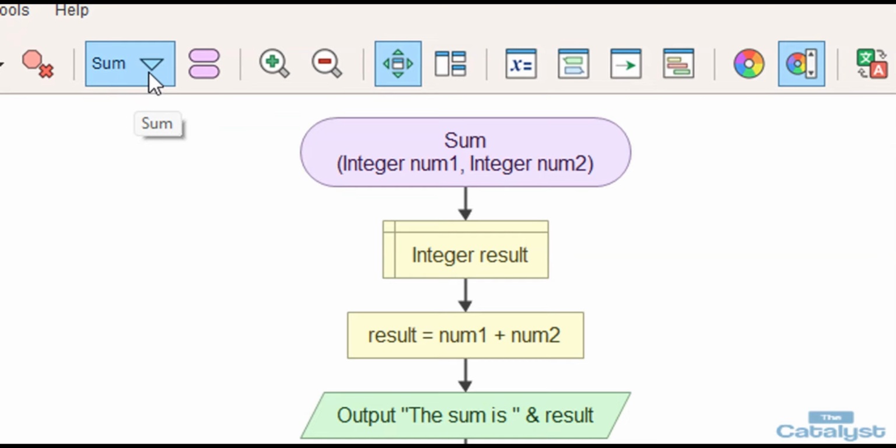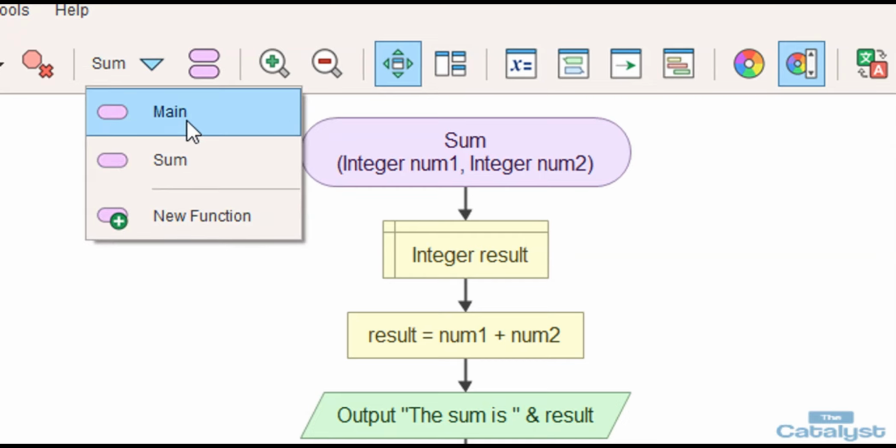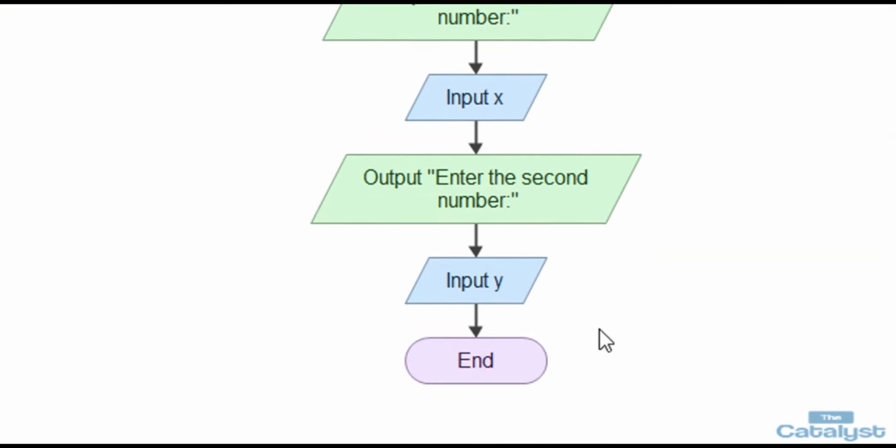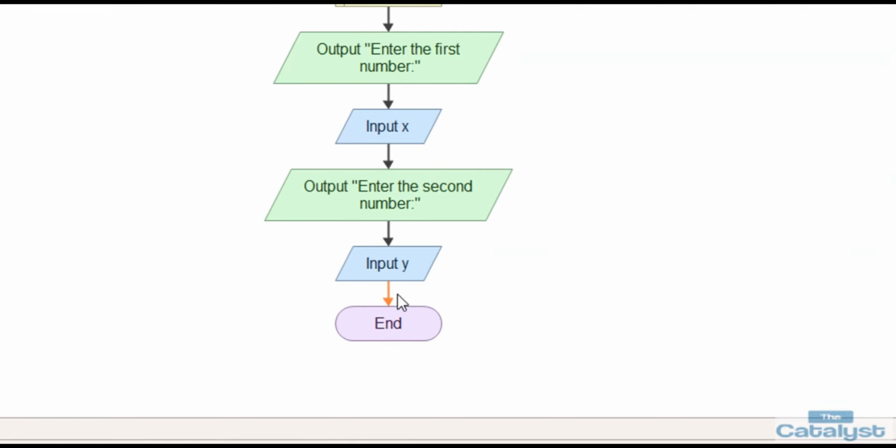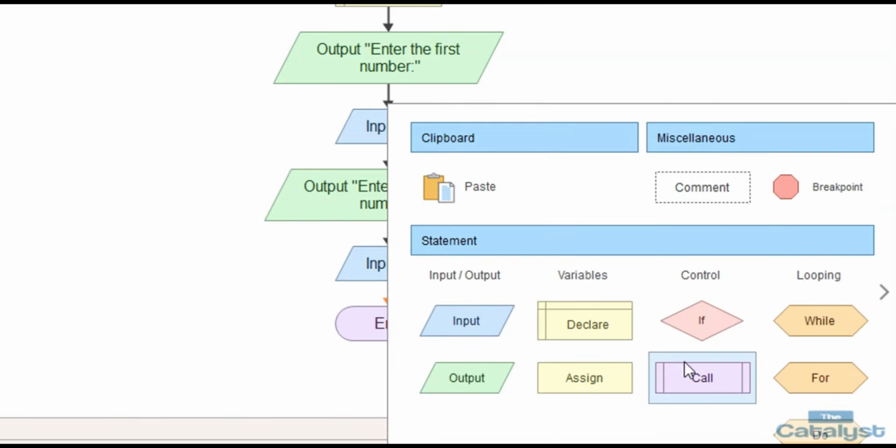Once we've done that, we'll go back to our main function. And what are we going to add? No, sorry, we'll call the procedure after taking in the two numbers. To do that, you come under control, you see call. This call is used to call procedures and functions.